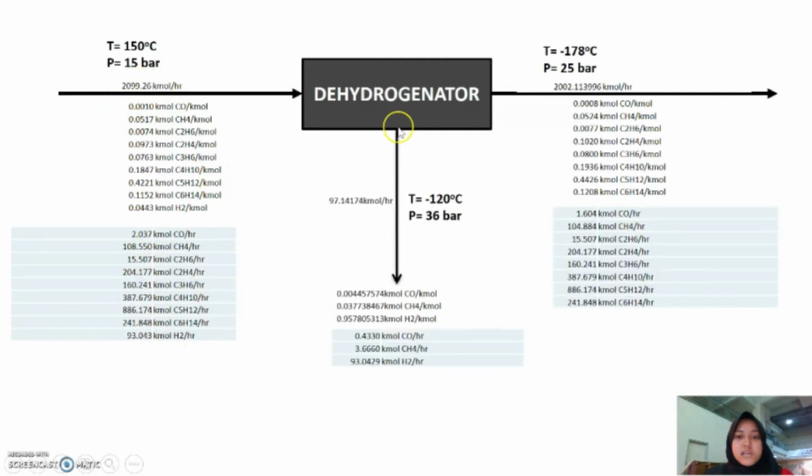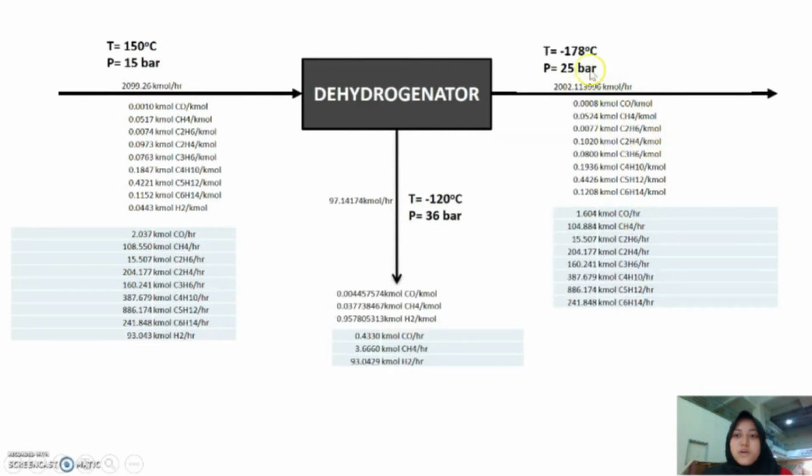In the flue gas stream, which is here, we have a temperature of negative 120 degrees Celsius and pressure of 36 bar, and also hydrogen. The flow rate is 97.174 kmol per hour. And this is the undesired stream, which is the stream we want for the demetanizer.